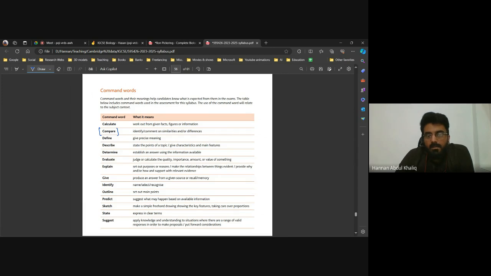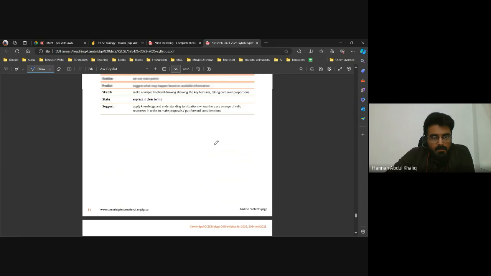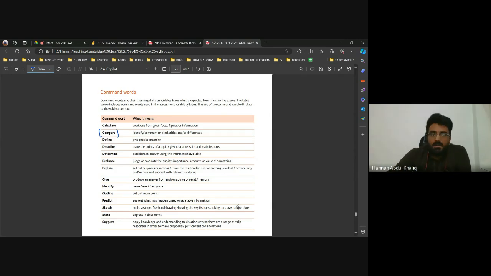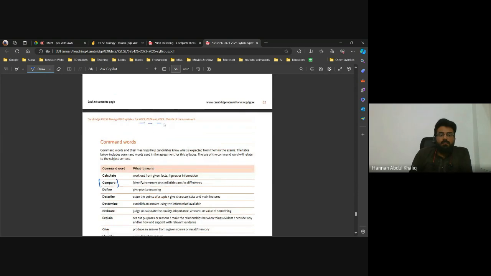Identify, comment on similarities and or differences. That's all. They have not mentioned differentiate here. But remember, you can find questions with the word differentiate in the past papers, maybe old past papers, because this is the syllabus for 3, 4, and 5.